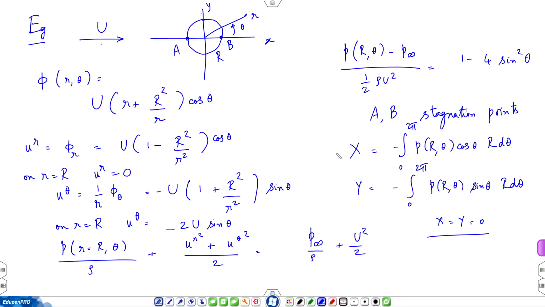In this formula for drag, minus p(r,θ) cos θ. So, instead of putting the potential pressure variation here, you may want to put the potential variation in the favorable pressure gradient region and constant in the adverse pressure gradient region.